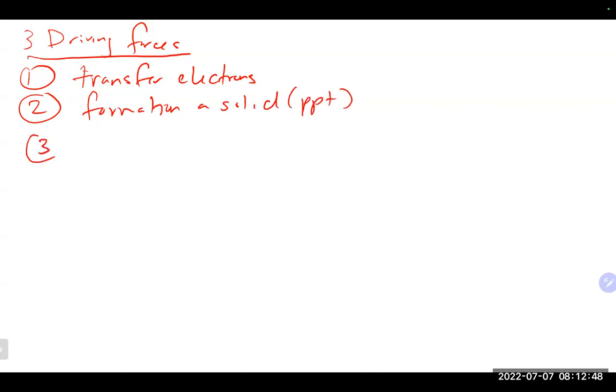And the third reason is the formation of water. You could boil down all chemical reactions to those three things: either electrons being transferred, a solid being formed, or water being made. Those are the reasons why chemical reactions take place.